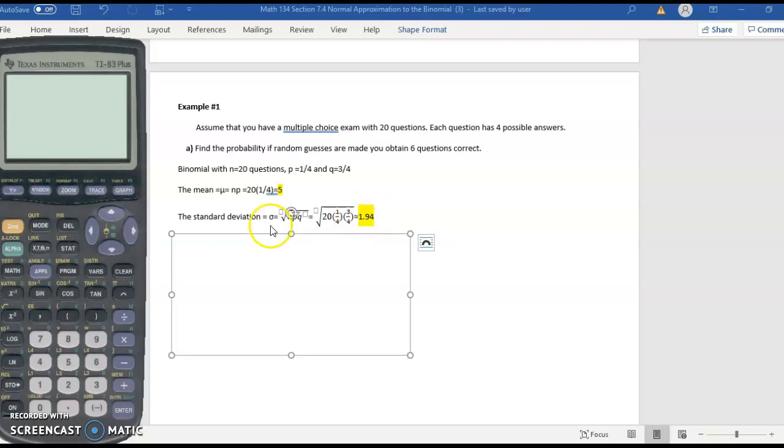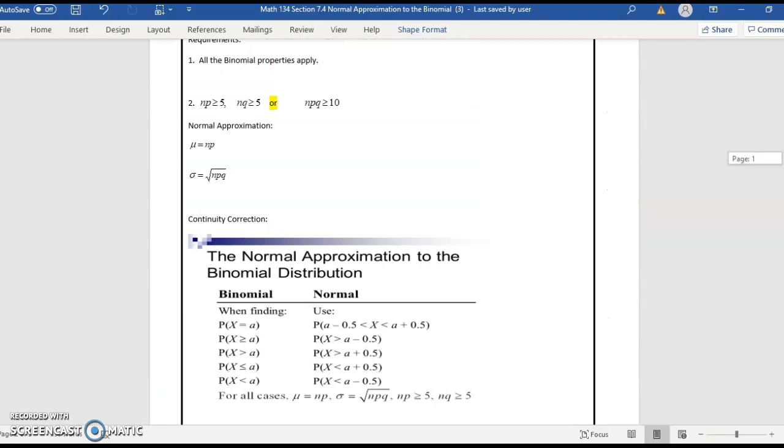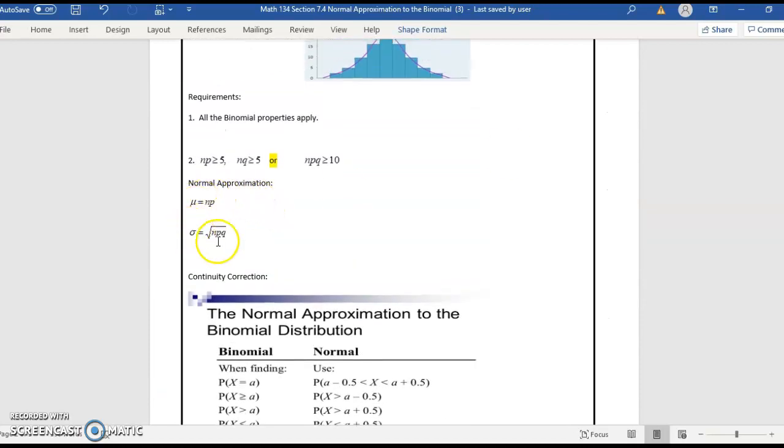So I'm finding sigma is equal to 1.94 rounding to 2 decimal places, and then mu is equal to NP. These 2 formulas are from the previous section, which is the binomial, and they're actually here on the handout. So those are the ones that we will be using if we end up evaluating a normal approximation.